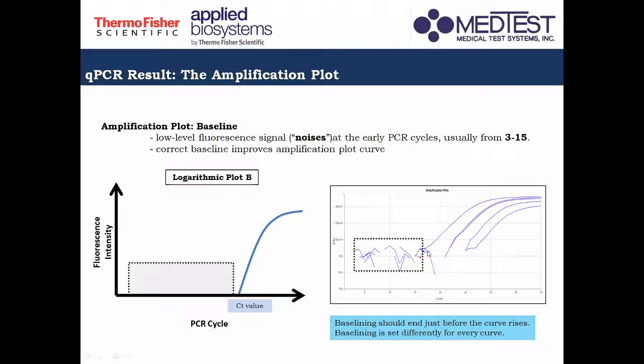So, for example, in this amplification plot, we would want to set the baseline at the cycle 3 to cycle 15. Kasi after that, may steady detection na nung amplification or yung fluorescence.